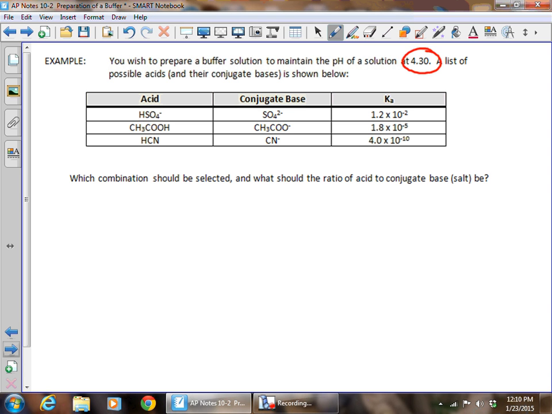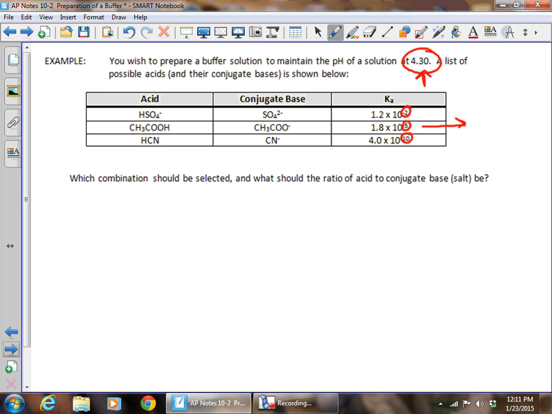And we kind of mentioned this earlier when we were talking about how we want the pKa to be close to the pH of the solution that we want buffered. Since we want the pH to be 4.30, we want this log to be as close as possible to that value. And the one that's as close as possible to that value is the 1.8 times 10 to the minus fifth.